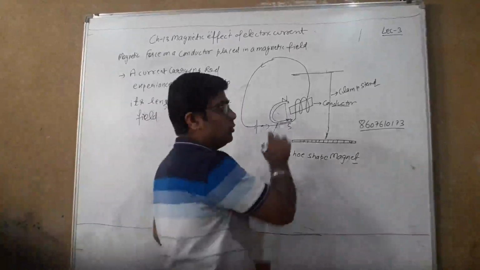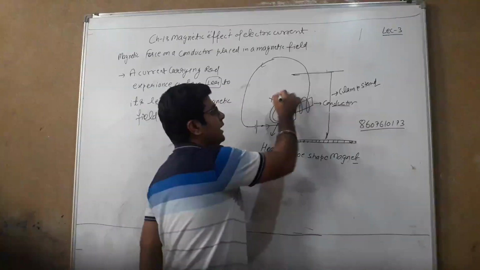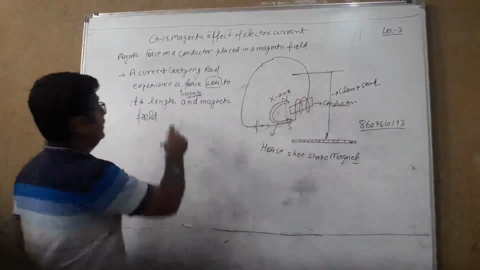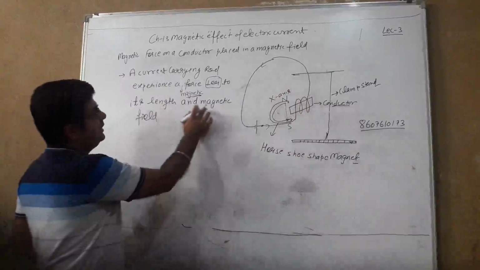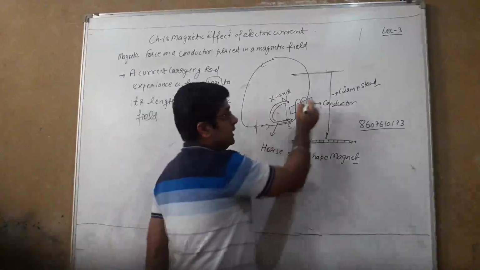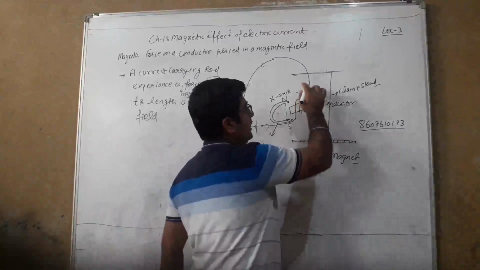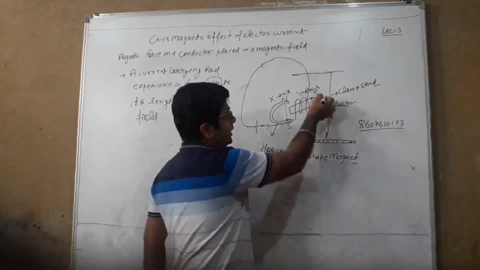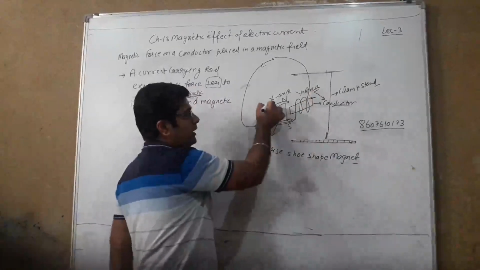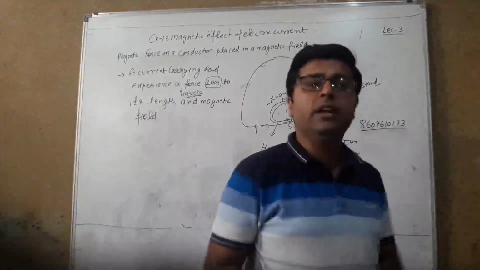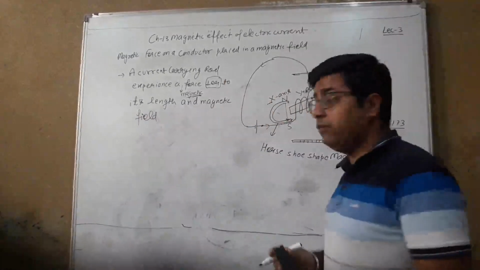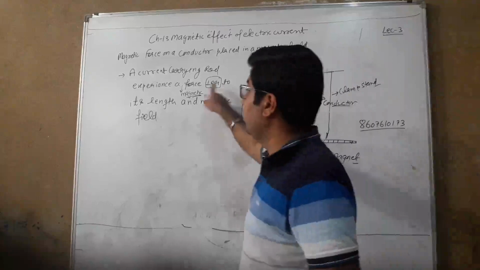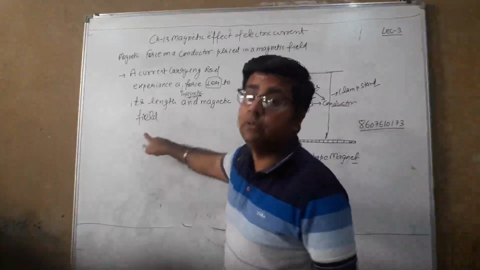It means, suppose this north to south is along the x-axis, and this current is along its length, along the y-axis. This conductor is along the y-axis, for example, and this magnet has magnetic field in the x-axis direction. So the force acting on the conductor is along the z direction, perpendicular to its length and magnetic field.